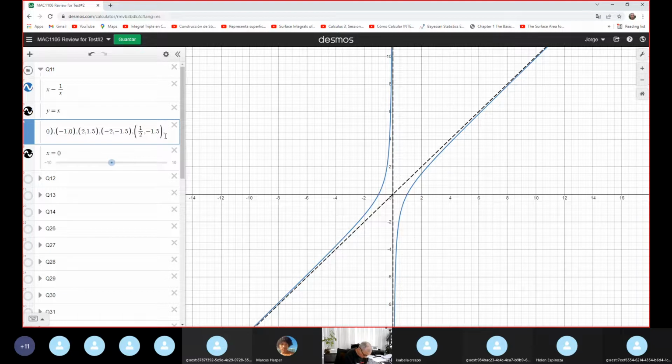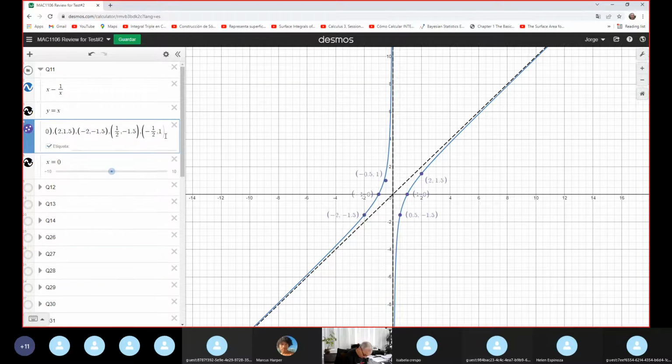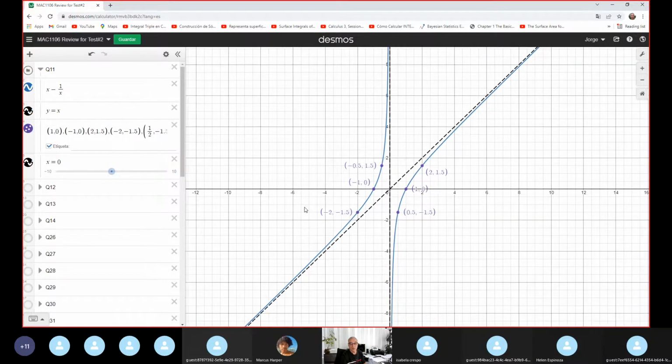Now, separated by comma, negative 1/2, and the other point, positive 1. Okay, and you have a beautiful view of the odd function.